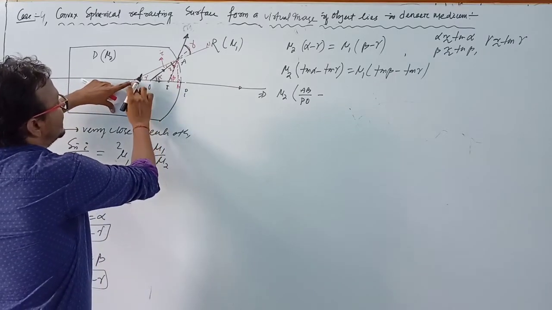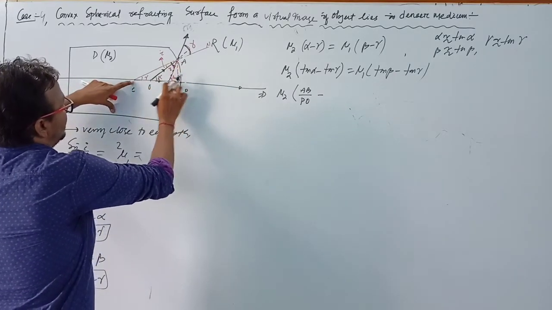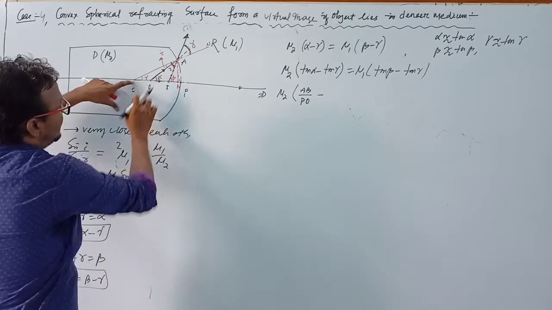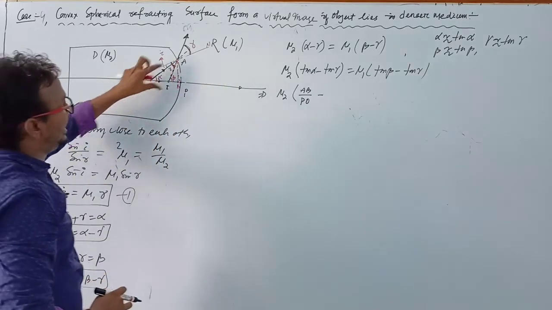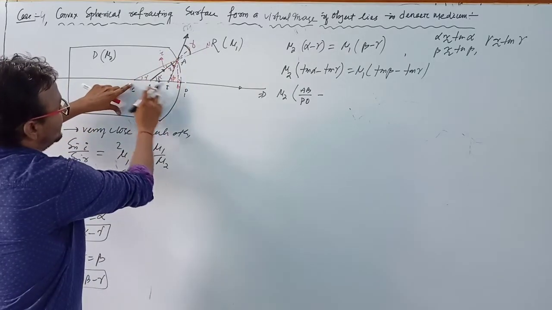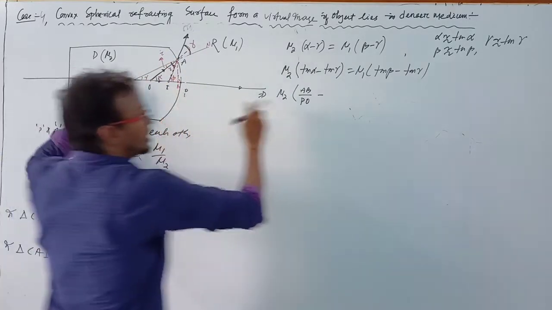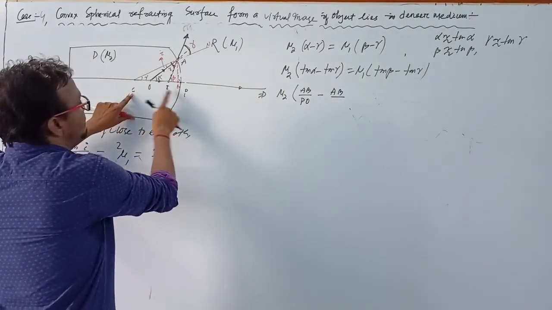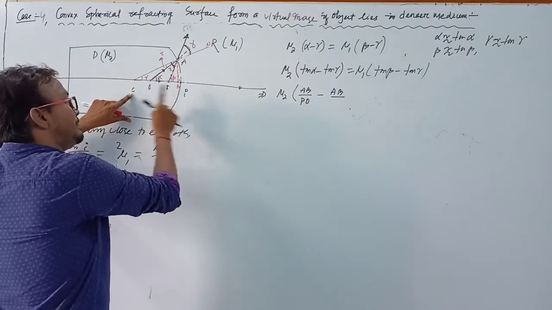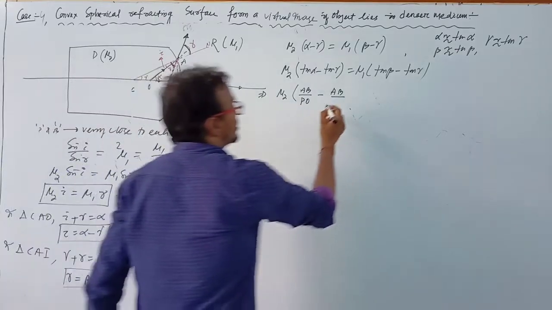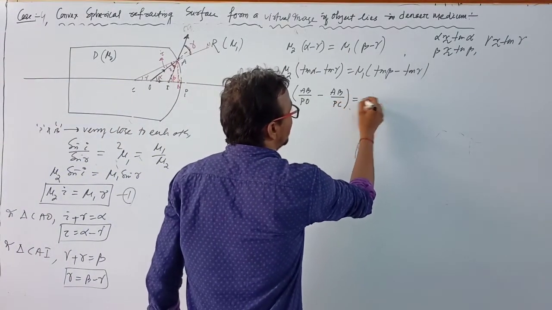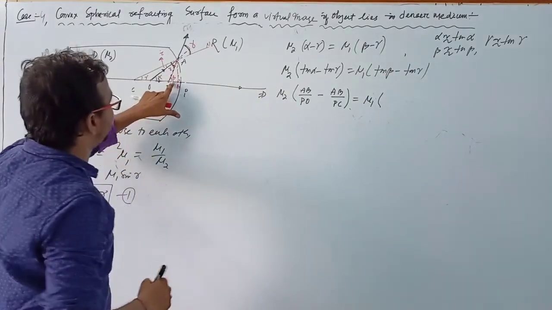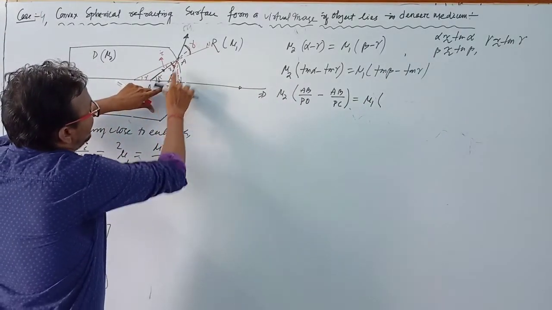Now look at the triangle CAB. In right angle triangle CAB, gamma is the base angle, this is perpendicular, and this is base. Clear? So we can write AB by CB, or CP, or PC, equal to mu 1 tan beta, and this angle is beta. Look at the right angle triangle IAB.